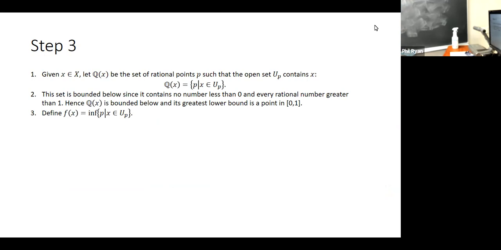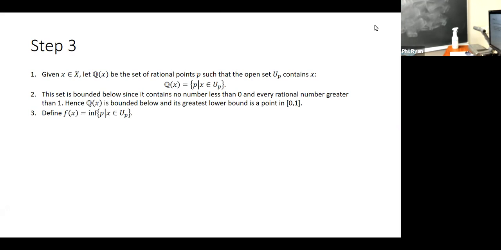Okay, so the set is bounded below because it contains no number less than 0. Because remember that the U_P where P was negative was the empty set. And it contains every rational number greater than 1.